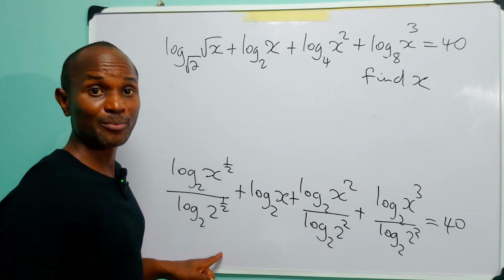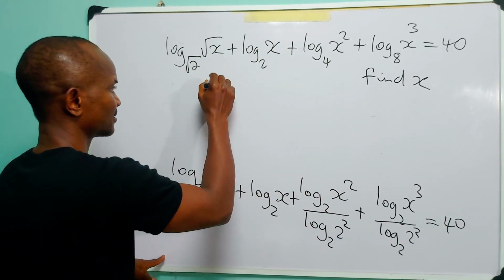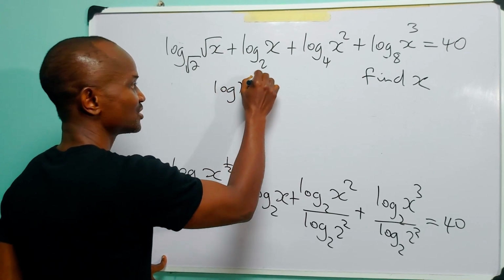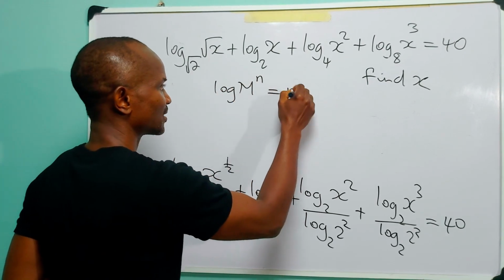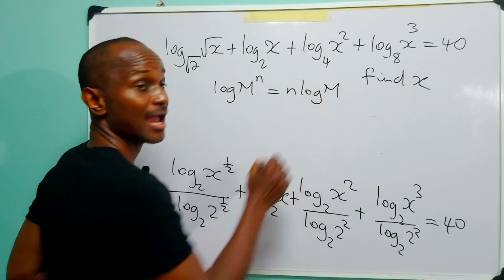Now let us recall our power law of logarithms, which says that log of m raised to power n is simply equal to n multiplied by log of m.